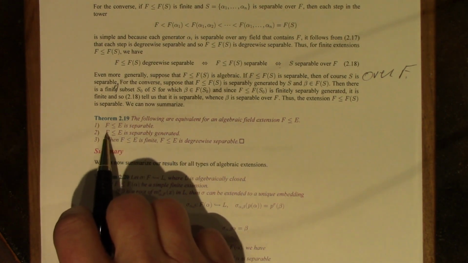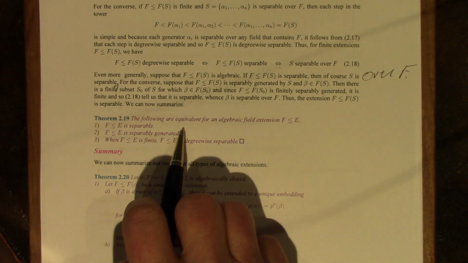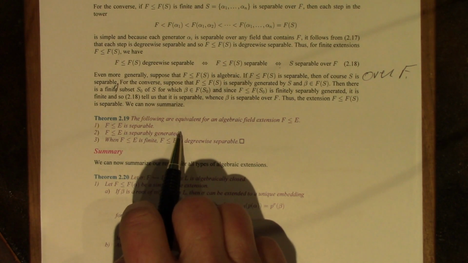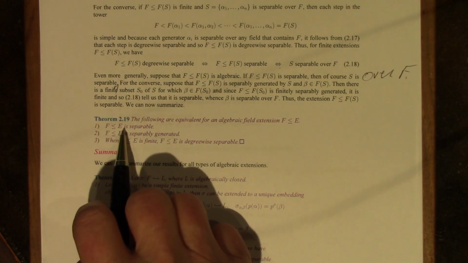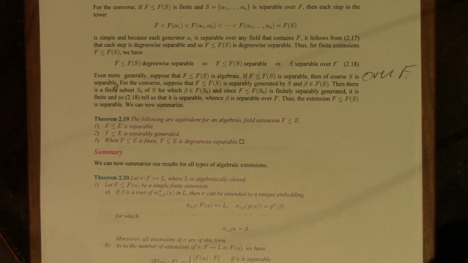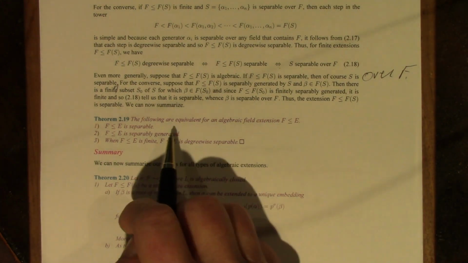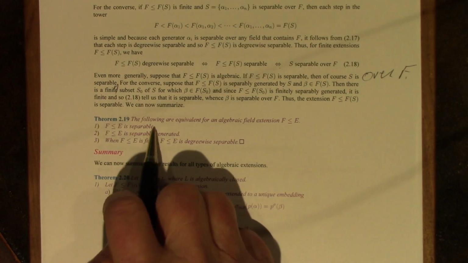To say that E over F is separably generated is to say that it has a generating set, each element of which has a minimal polynomial with no multiple roots. Jumping from that to the fact that every element of E, not just a generating set, has that property is quite a step. And that's why it took us quite a bit of work to get to it, to show these two are equivalent.